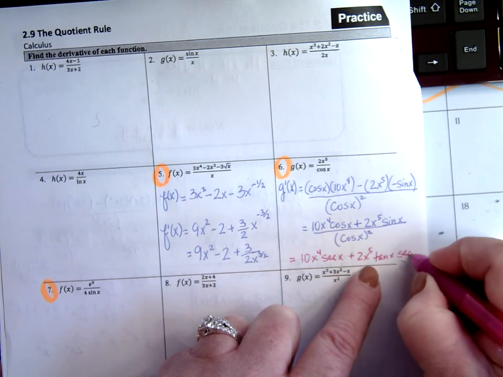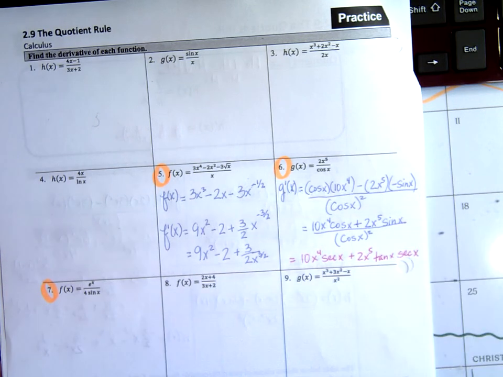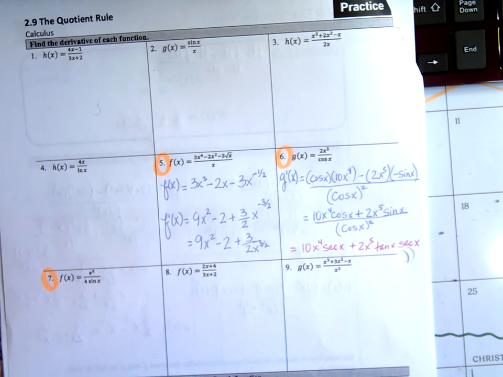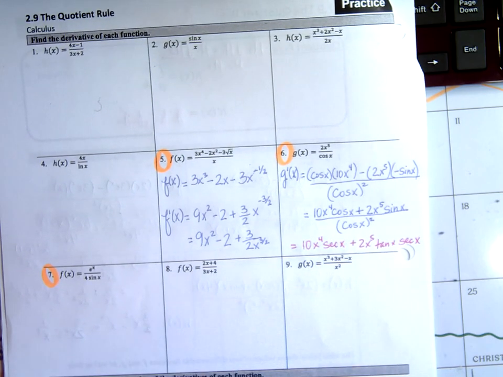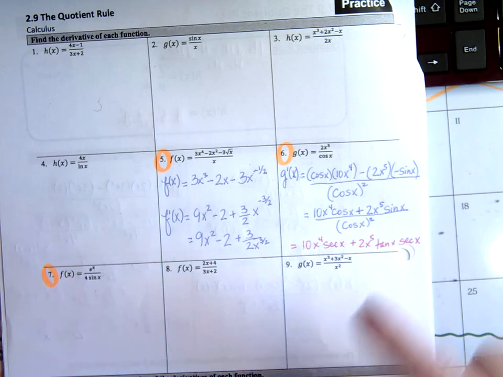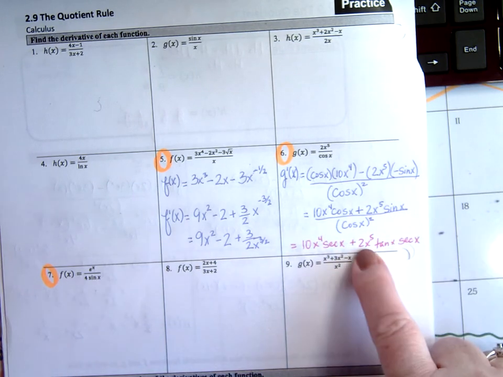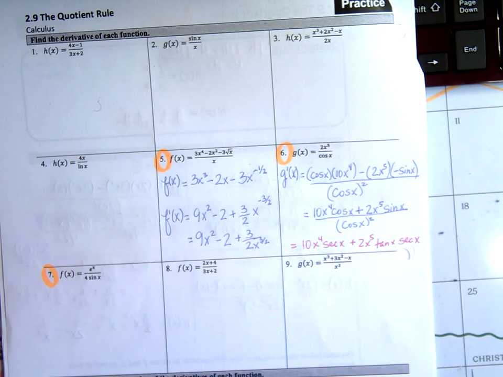My question for you is, would that be an equivalent answer? You know how a lot of these things have different ways you might see it on a multiple choice list of choices for you. So here's my answer. This could be the book's answer. Are they right? It's going to take you thinking about your trig stuff from back in the day.